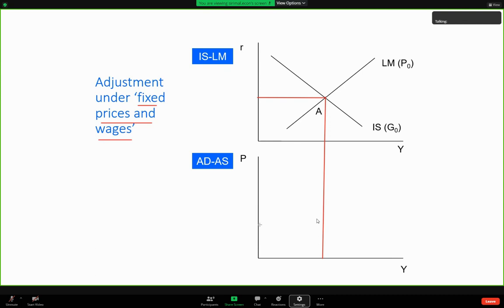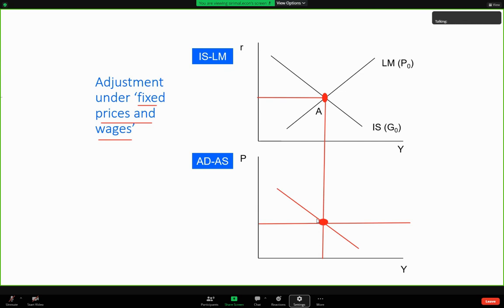So we should have an AS curve like this, horizontal AS curve. And if it is the equilibrium output level, our AD should go through the corresponding point A here. Okay, you can draw up to that point.